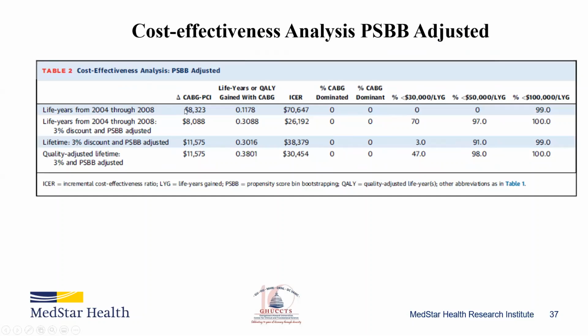We have the difference in costs, CABG minus PCI in this case. We have life years gained with CABG, our incremental cost effectiveness ratio, and then we also present the percent, in either bootstrapping or in our lifetime analysis, of the percent that are dominant and the dominated.